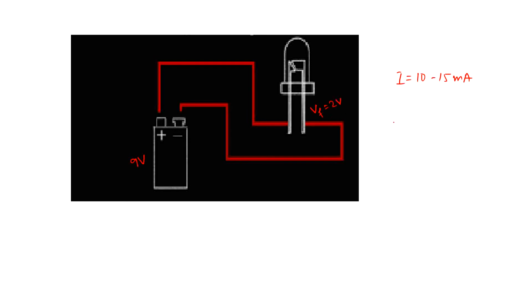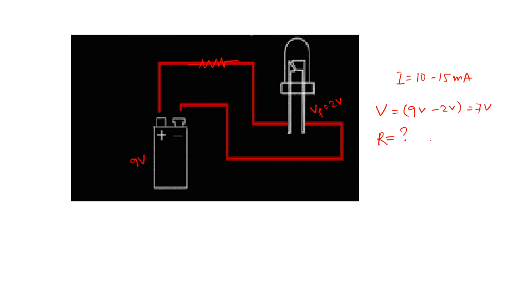So the voltage drop, or the potential difference, is 9 volts minus 2 volts, which is 7 volts. Now how much resistance do I need here, and how am I going to calculate it? I need to find the value of R, right?